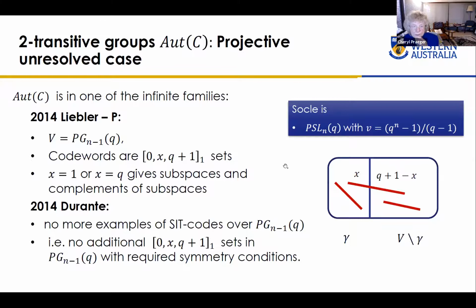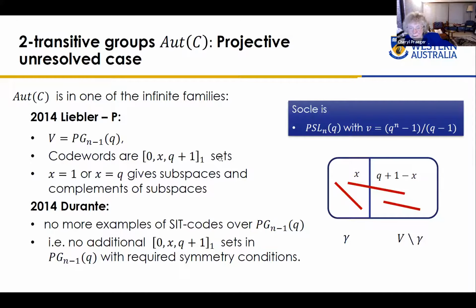Now, because of the SIT property, transitivity says that my automorphism group is transitive on all of these shared lines. So there's a constant intersection size. Now, geometers would say that this code word, this k-element subset of projective points, is a {0, x, q+1}-set.